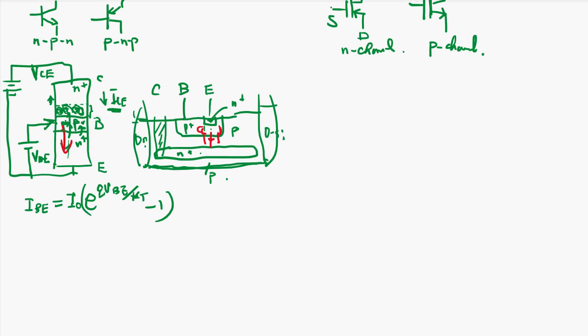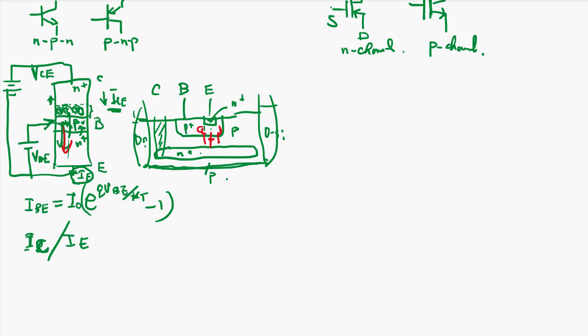So the ratio between this current IB and this entire current IE, okay, let's see, the component of IE is IB, the base current, and the collector current.